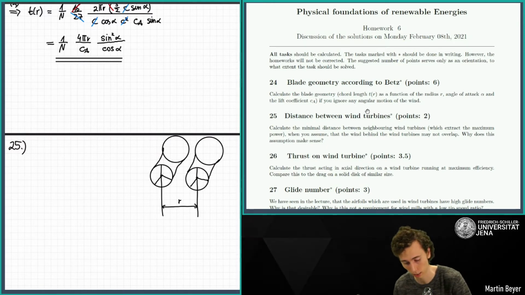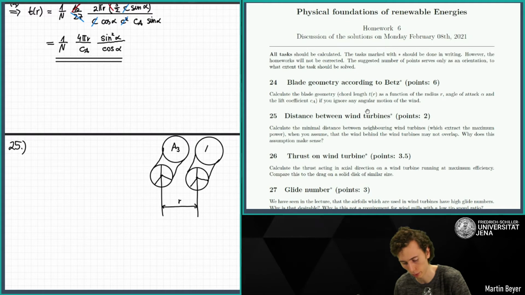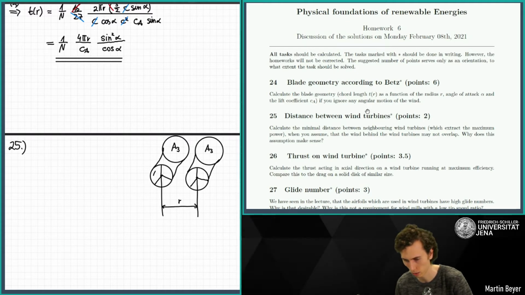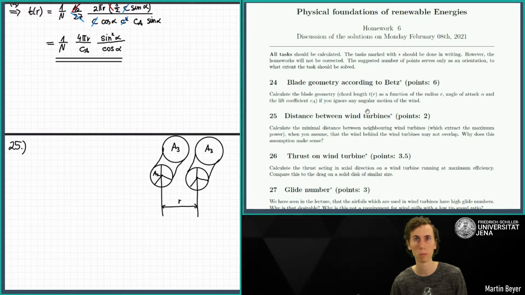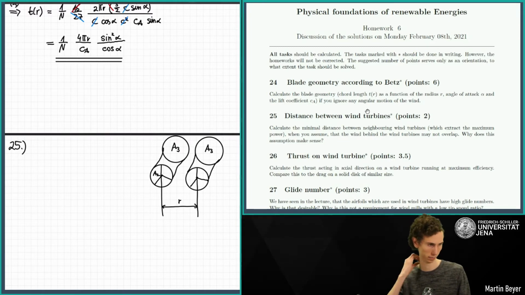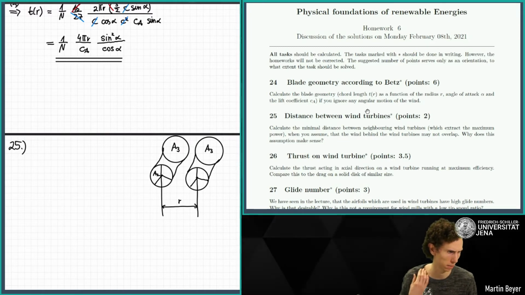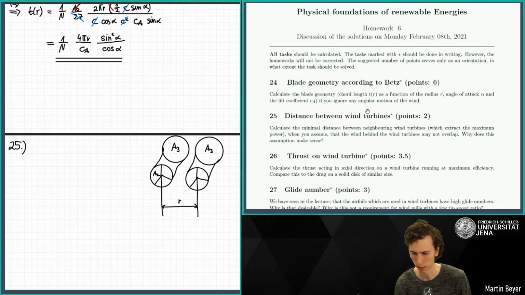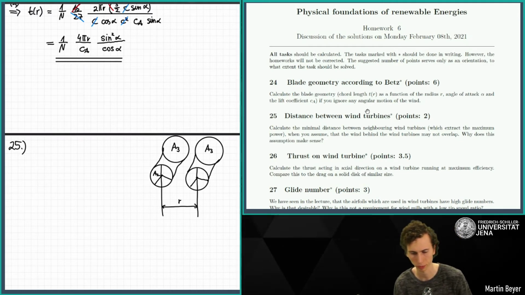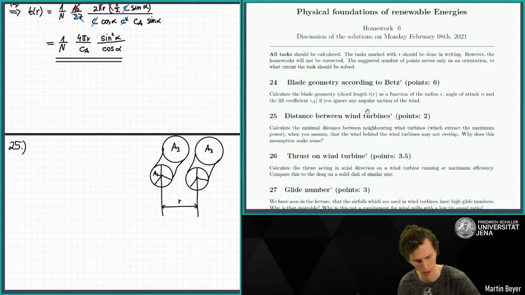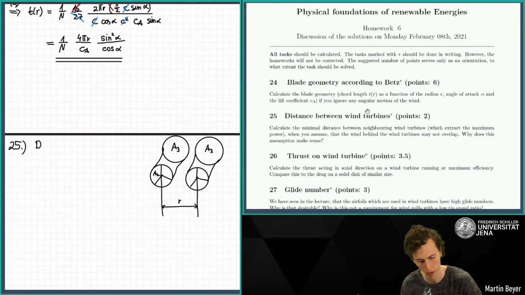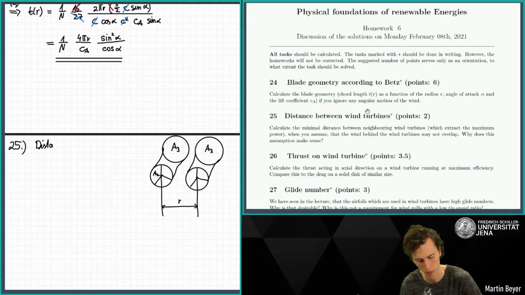Okay, so let's call the areas here A3 and the area here A2. Okay, and we assume that both wind turbines are identical. Yes, okay. So let's start on that. So we also assume a maximum power extraction.